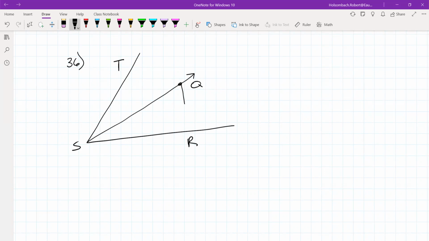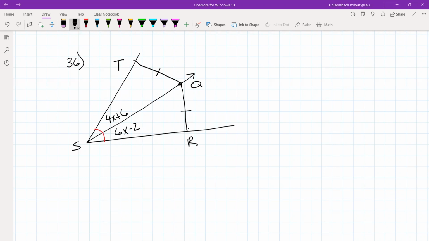Now look, if they tell you that Q to R is the same as Q to T, which they do, that means that 4x plus 6 is equal to 6x minus 2. Remember, if a point is equal distance from the sides of an angle, then it's on the angle bisector, and these two are congruent.